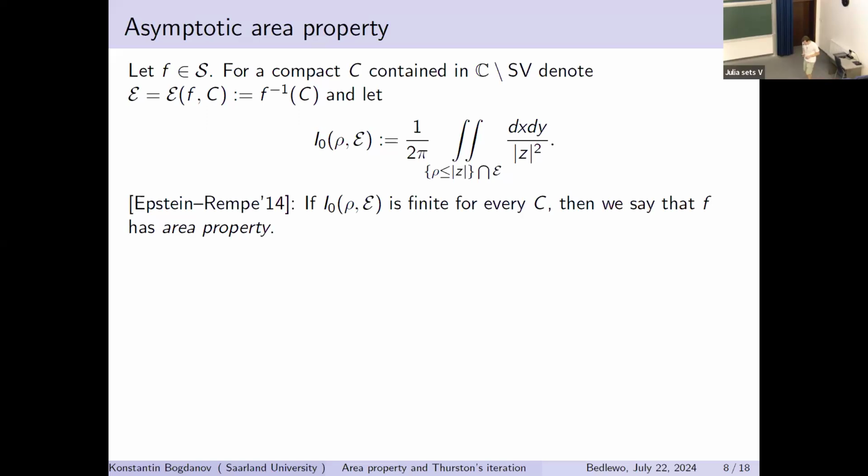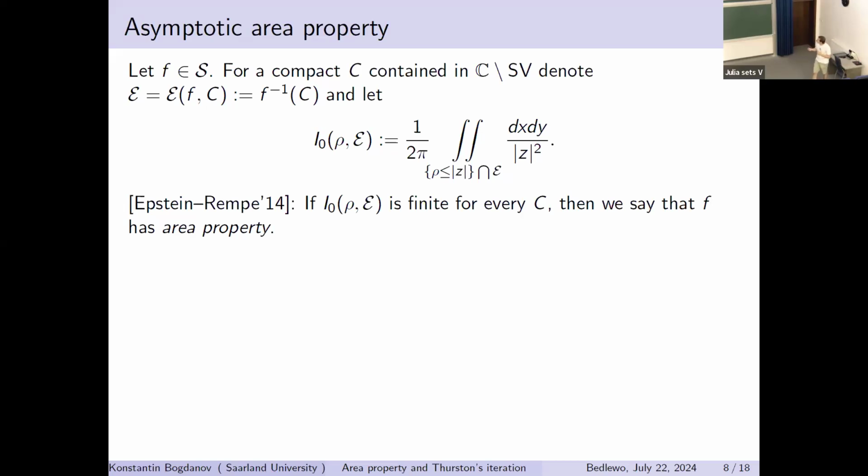Okay, so far this was an old story with all old proofs. Now we can finally move to the new stuff. To define the function, given not by formulas but conceptually, a family of functions for which the Thurston iterations have a good chance to have a fixed point, we would need to consider the asymptotic area property.